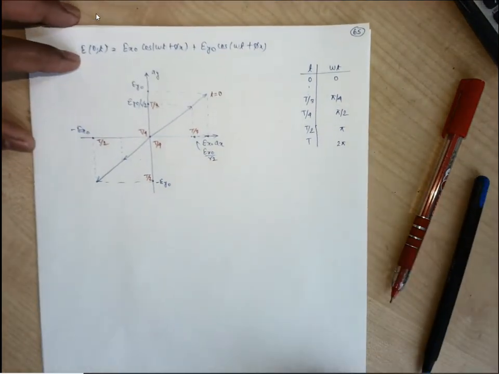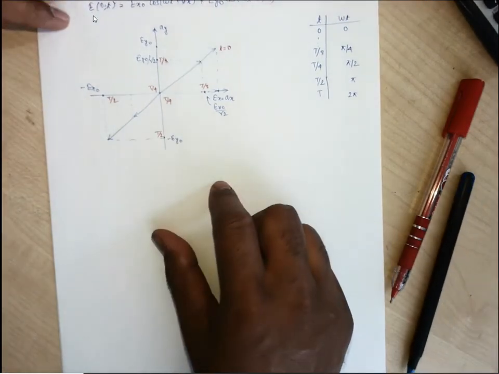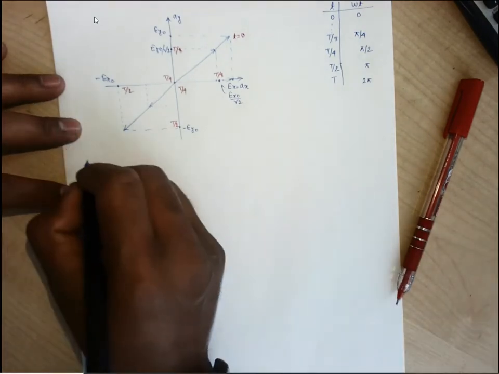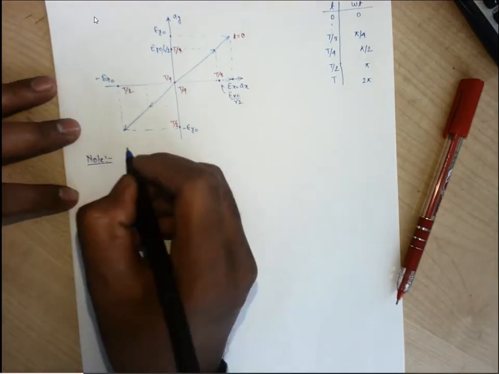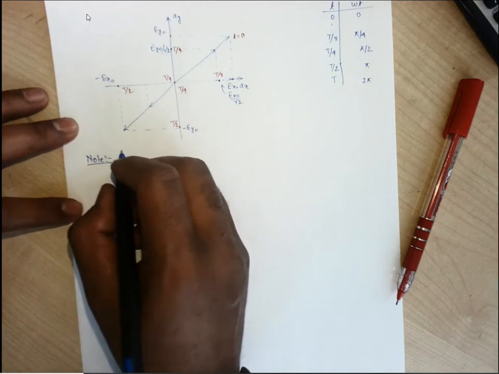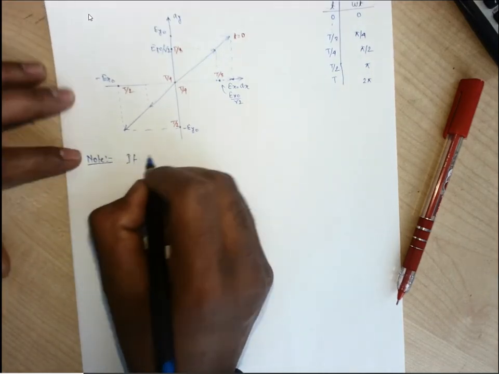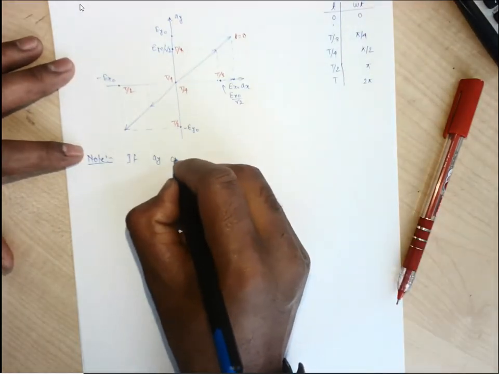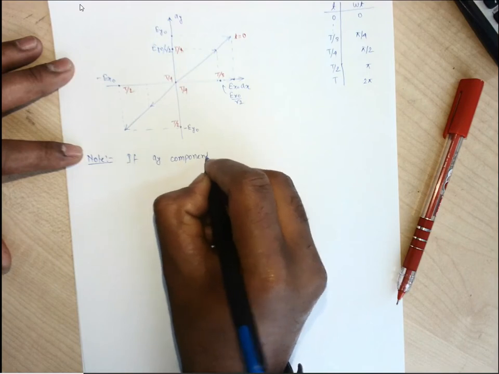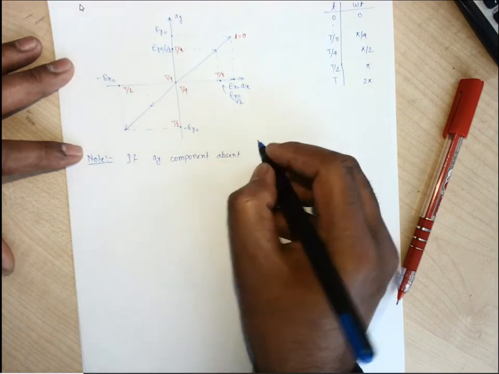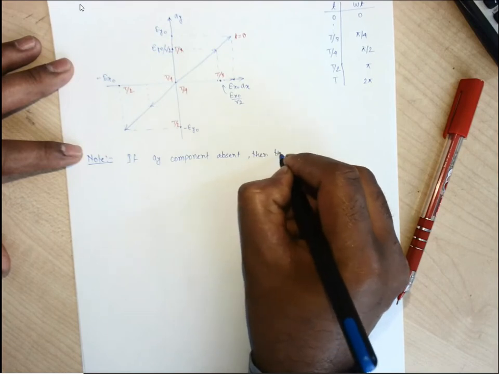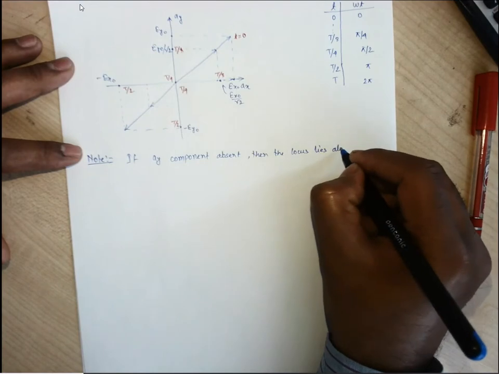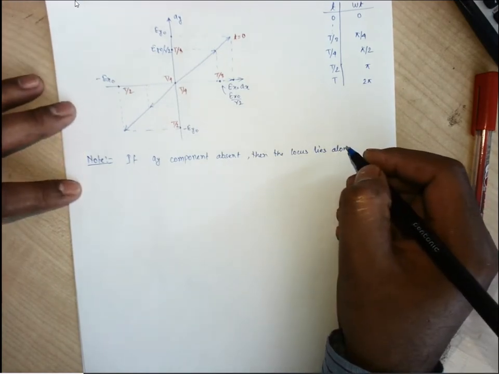Now some point which we can note here, that if ay component is absent, this is the ay component, then the locus lies along the horizontal axis.